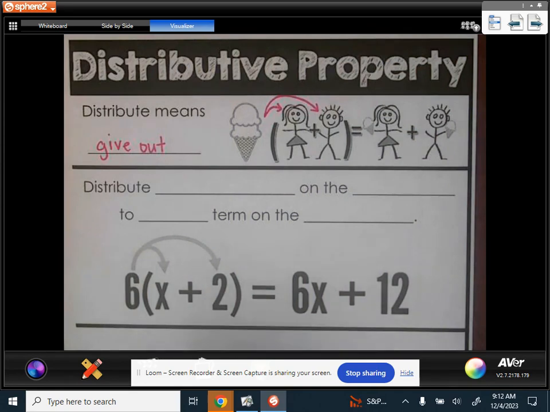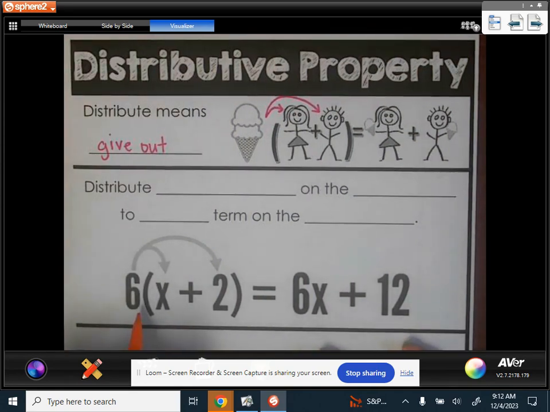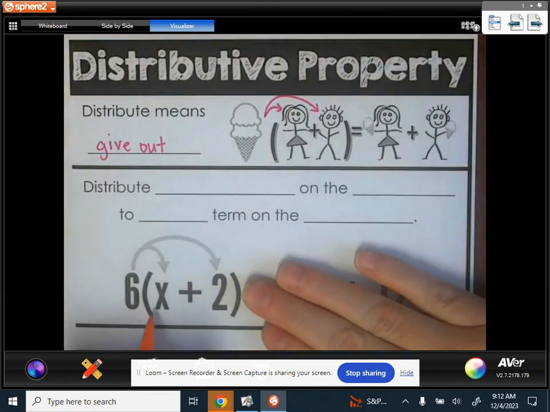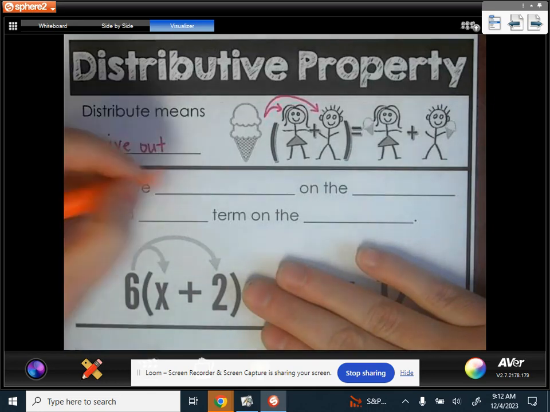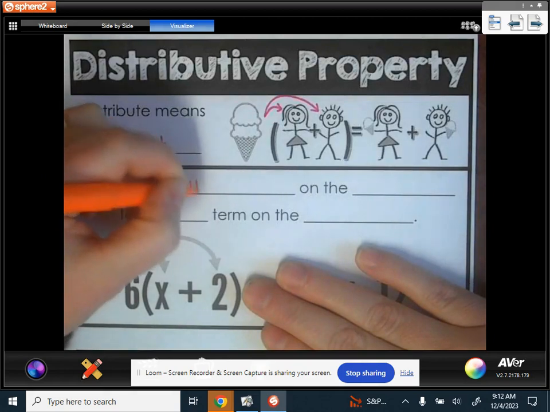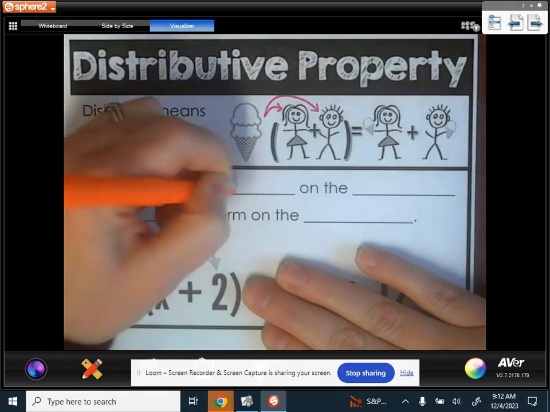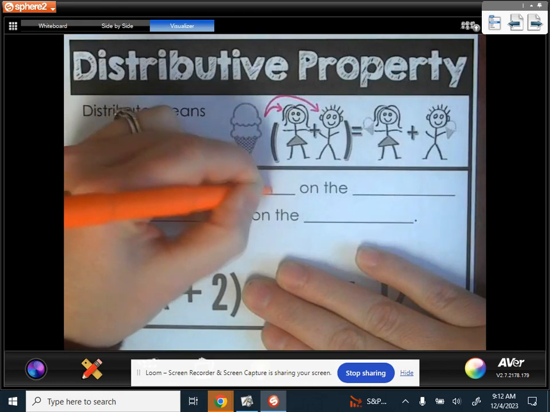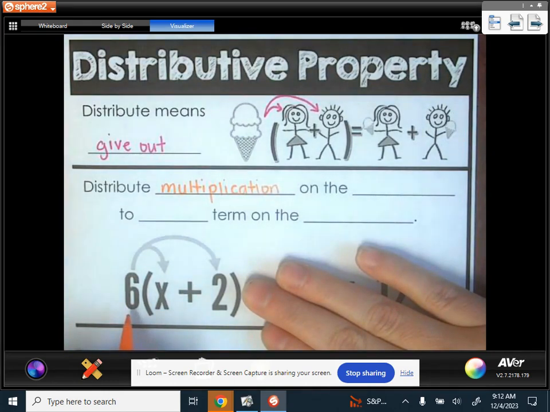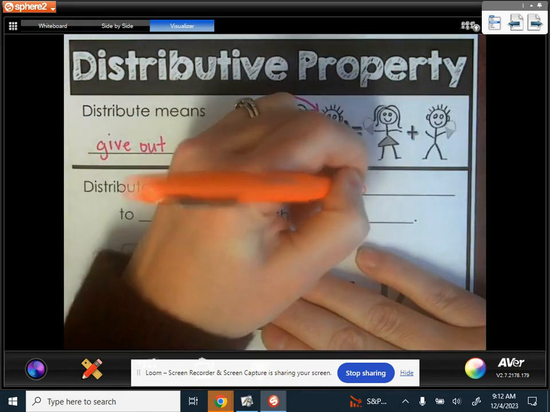We've got this expression down here, 6, and then parentheses, x plus 2. Remember, when that 6 is right next to the parentheses, it means multiplication. And so we're going to distribute that multiplication. And that multiplication, that number that we're multiplying by, is on the outside of the parentheses.